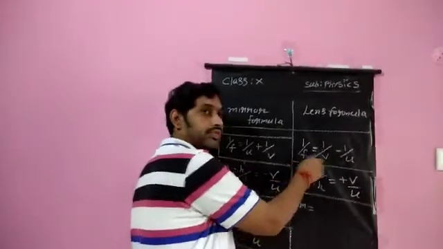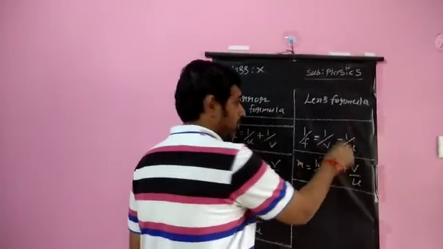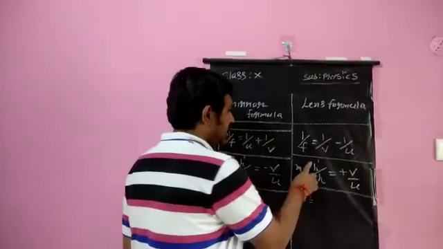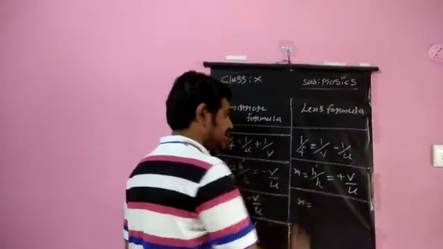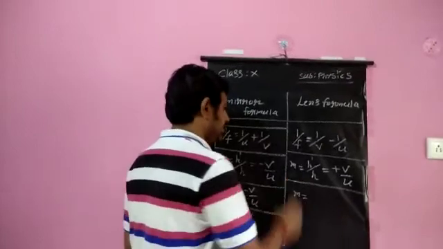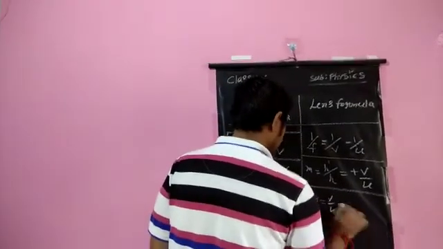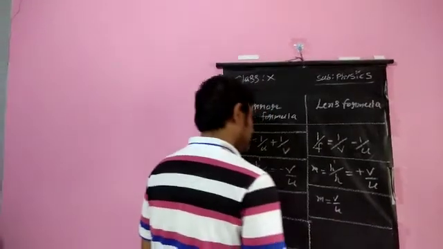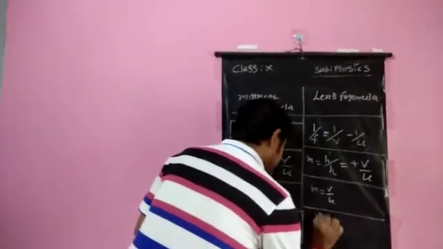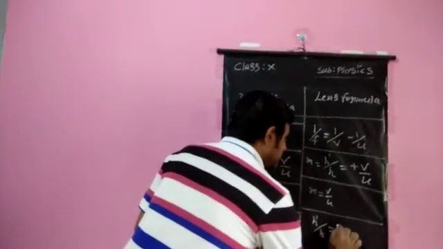Here f is focal length, v is image distance, u is object distance, h dash is height of the image, h is height of the object, m is magnification. So magnification equals v by u, or h dash by h equals v by u.